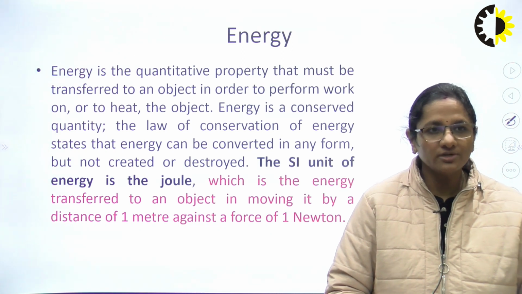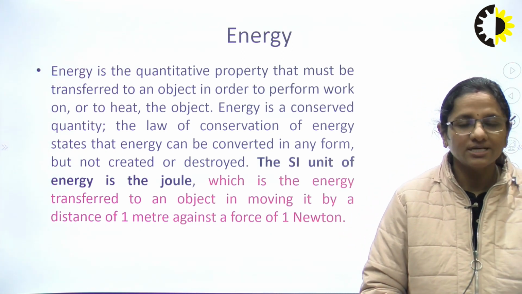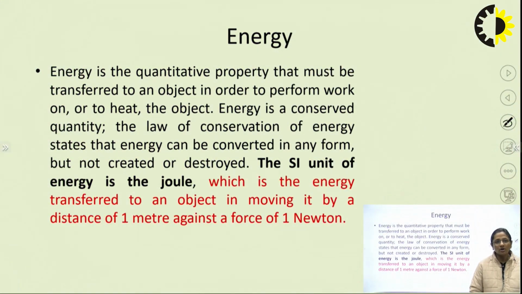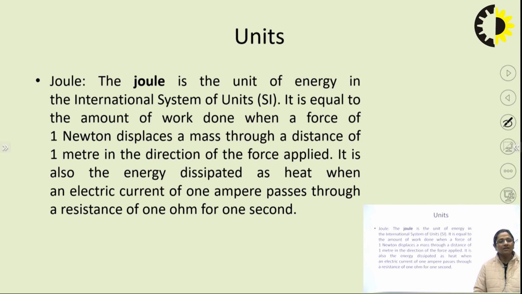The SI unit of energy is the joule, which is the energy transferred to an object in moving the object by a distance of 1 meter against a force of 1 Newton. There are some other units of energy as well, starting with joule itself. As I just mentioned, the joule is the unit of energy in the international system of units, that is, SI units.